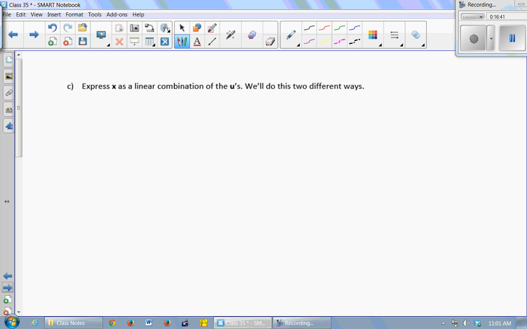All right, so now I want to express x as a linear combination of the u's. I know it's possible because the u's make a basis for R3. So any vector in R3 I should be able to write as a linear combination of the vectors in the basis. I'm going to do this 2 ways. The old way would be to take x and write it as a linear combination of the u's, so that I just need to know what the weights are.